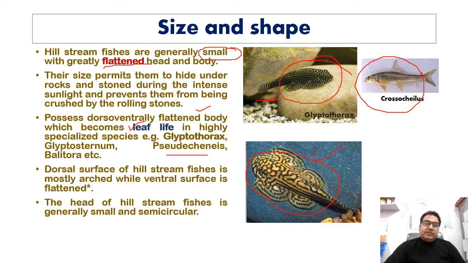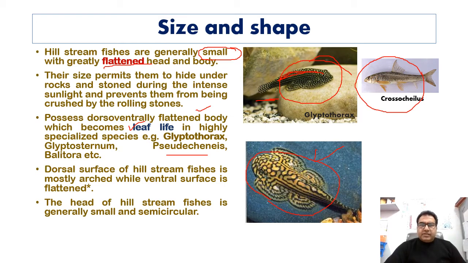The dorsal surface of the hill stream fishes is mostly arched. What we are seeing here, this feature, is arched. The body is arched, while the ventral surface is flattened. The head of the hill stream fishes is generally small and semicircular.